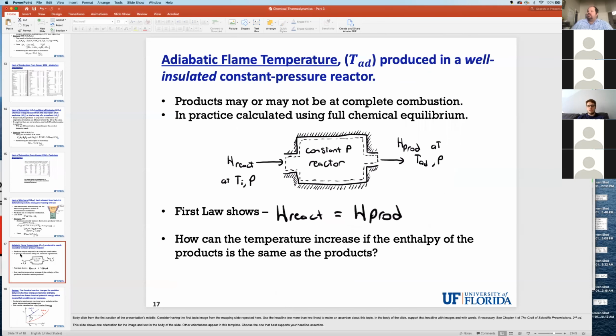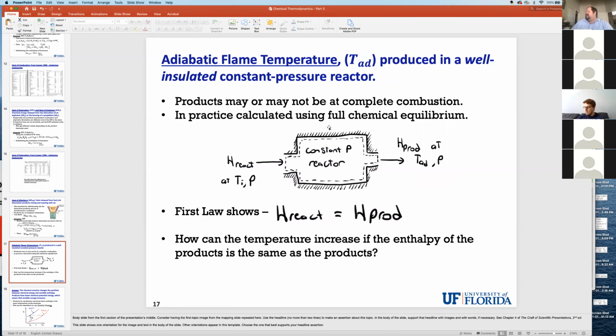Okay. Now, one other concept that we'll go over a little bit, not too much, would be the adiabatic flame temperature. We had that constant pressure reactor, and for the heat of reaction we defined a heat release such that you maintain constant temperature.